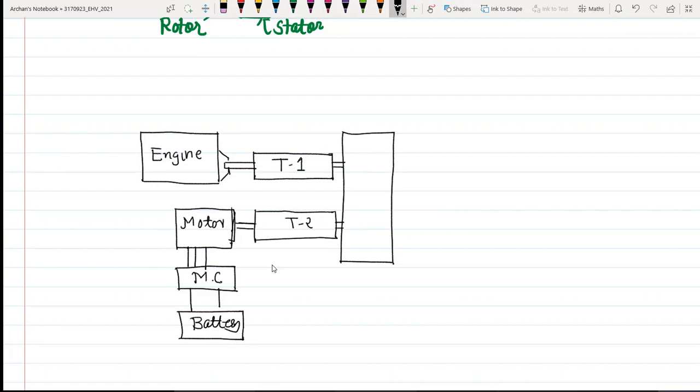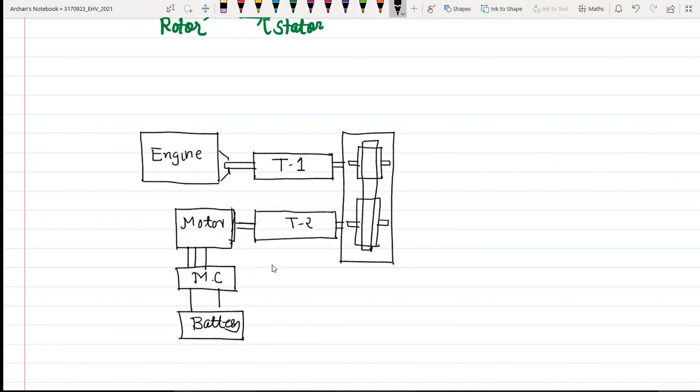So what we are doing here, I am using two different axles. One is connected to transmission 1 and another one is connected to transmission 2, like this. Okay, this is my first shaft and this is the second shaft. Right?